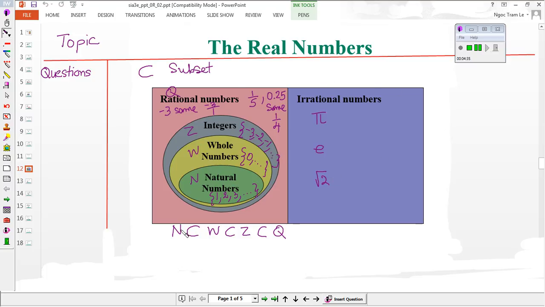Okay. So therefore, what is the set of real numbers? The set of real numbers includes all of these numbers. So the set of real numbers has natural numbers, whole numbers, integers, rational numbers, and irrational numbers.